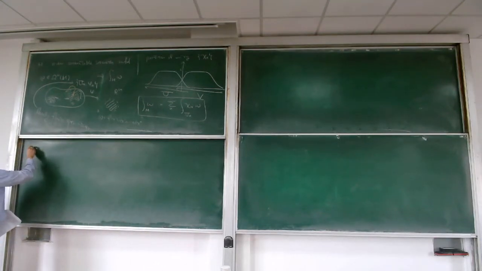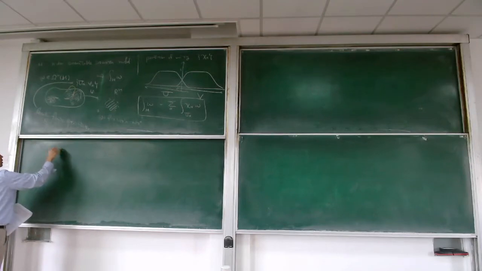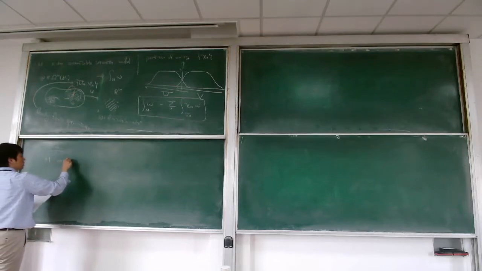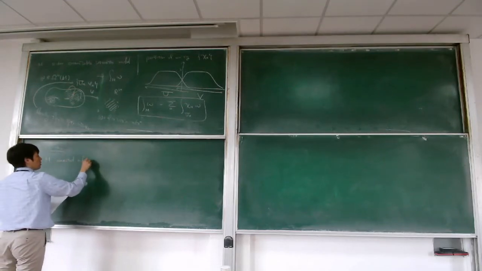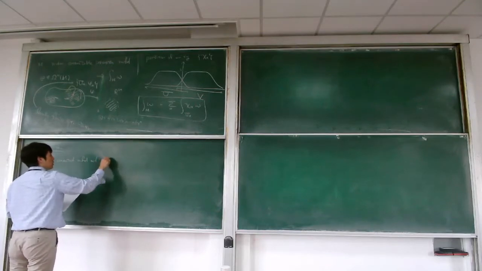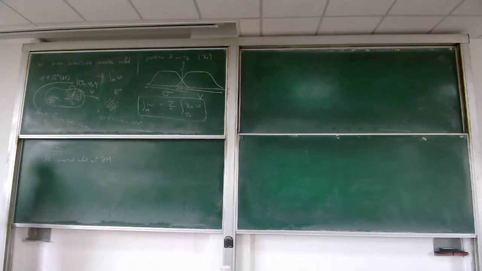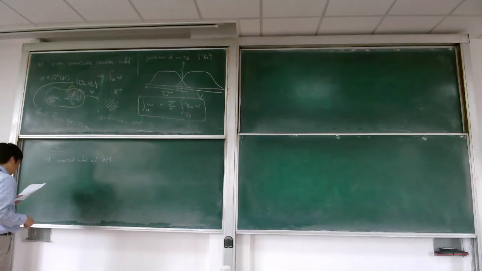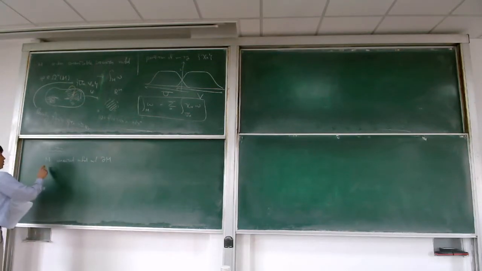So there is an important theorem. Let us consider the manifold M to be an oriented manifold with boundary. So this is n-dimensional.